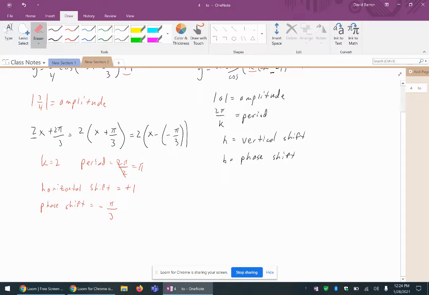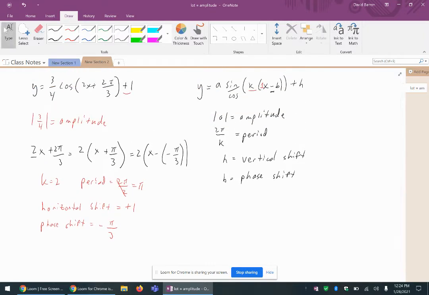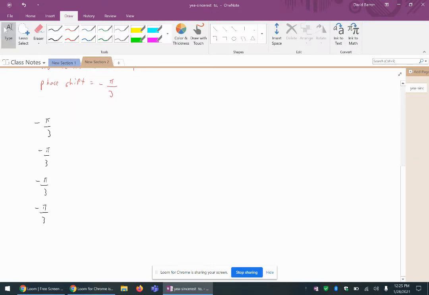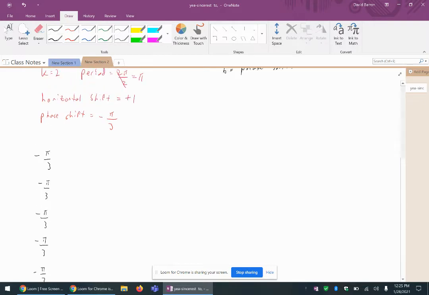Okay, so to go through the graphing process here, what we need to do is take our phase shift, and I'm going to write 5 different lines starting off with my phase shift. Effectively, what we're going to do is build 5 different points, x and y coordinates, to plop on a graph and then play connect the dots.